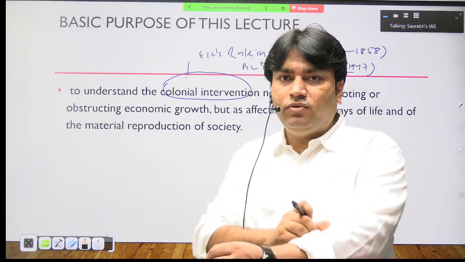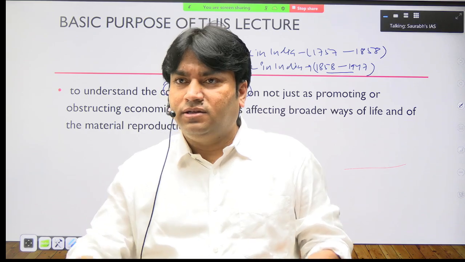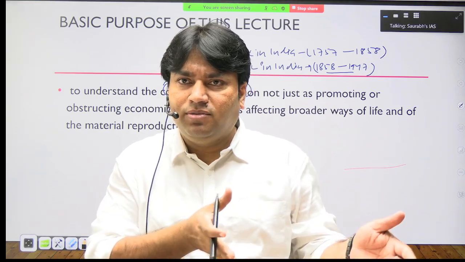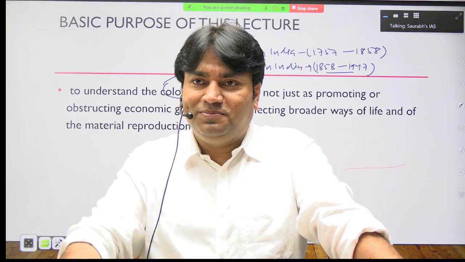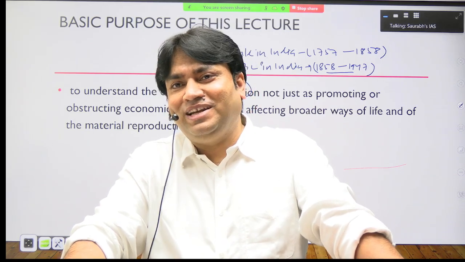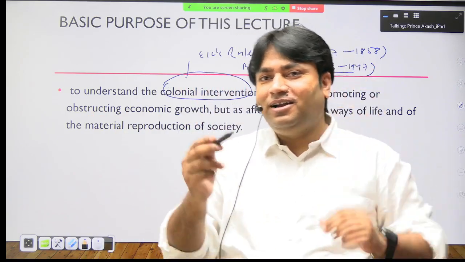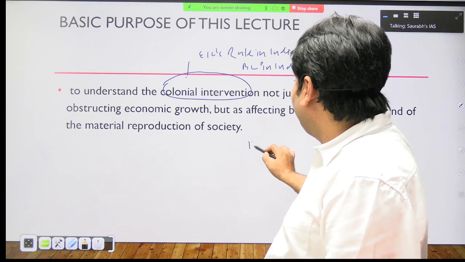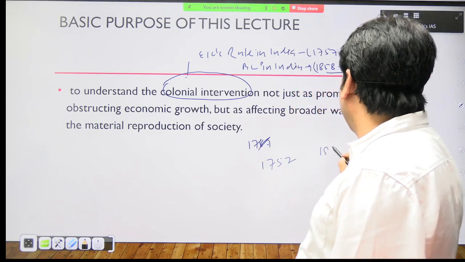Clear? Now, one student asked me a question the other day, that it was a question of an SSC exam somewhere: when British rule was established in India, what will be your answer? 1757 or 1858? Just write your answer in the chat box. 1757 or 1858, what will you consider?